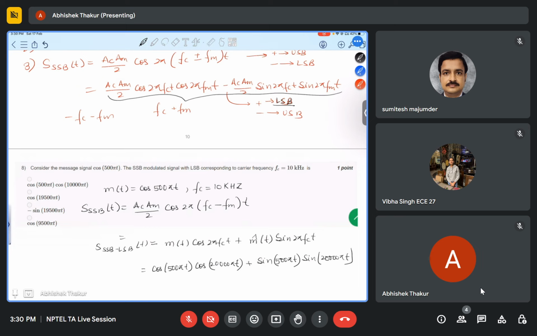So Ac Am by 2, that is equal to 1 here, cos of 500 pi t, cos of 20,000 pi t, and again minus. So minus will be for USB. Here it is LSB, so it will be plus sine of 500 pi t, sine of 20,000 pi t.